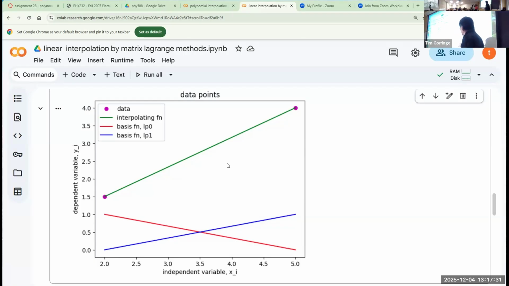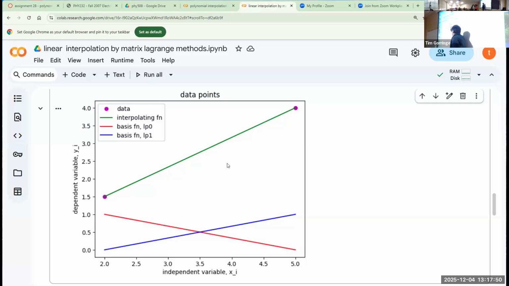And I plotted the two basis polynomials here. In red is the basis polynomial we call LB0, and blue is the basis polynomial we call LB1. Remember their features.